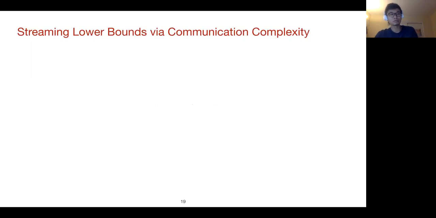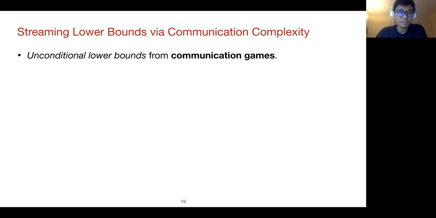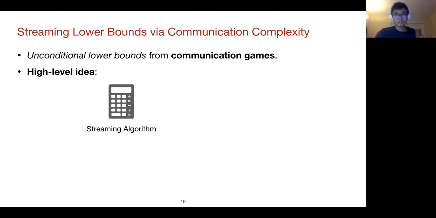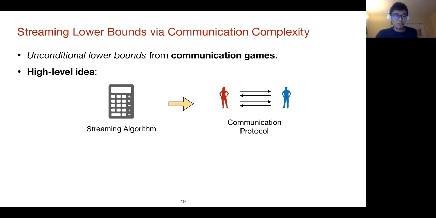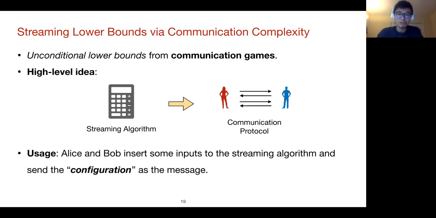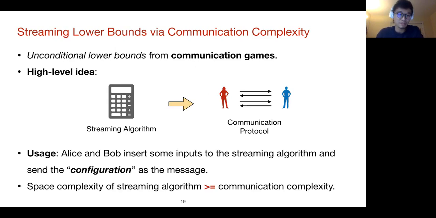So how do people usually show streaming lower bounds? We usually show them from communication complexity, where we have lots of unconditional lower bounds for certain communication games. The high-level idea is that if you can turn a streaming algorithm into a protocol for a certain communication problem, then once you have a lower bound for the communication game, you have a lower bound for the complexity of the streaming algorithm.